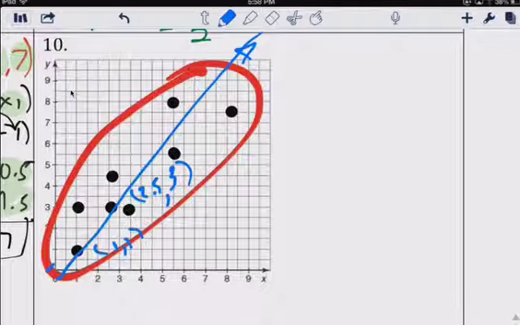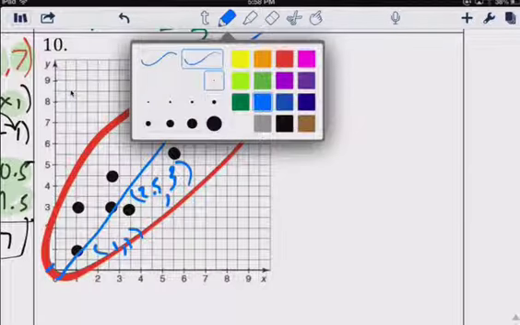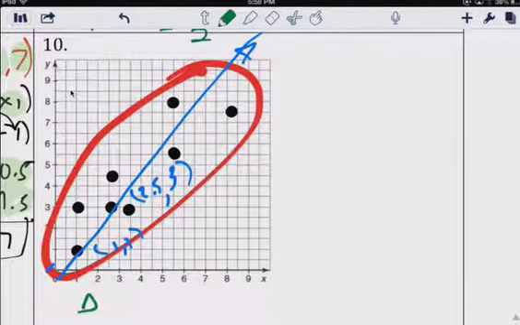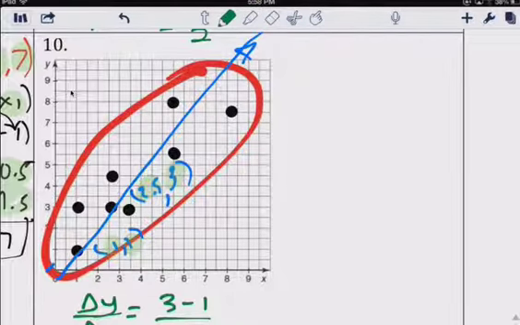Okay, so you would do the change in y over the change in x. Change in y went from 3 to 1, and then 2.5 to 1, 2.5 minus 1. So that's 2 over 1.5.